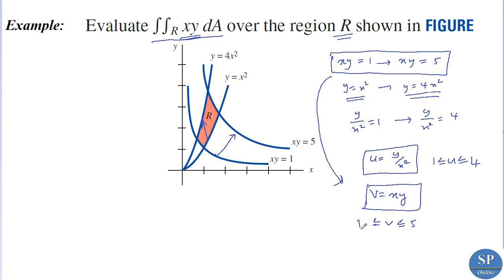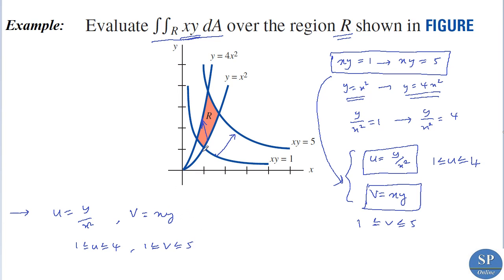That means if we change the variables as u equal to y by x square and v equal to xy, then we have 1 less than or equal to u less than or equal to 4 and 1 less than or equal to v less than or equal to 5.